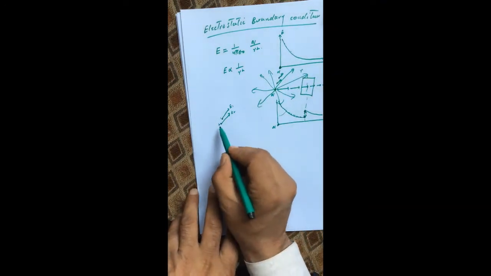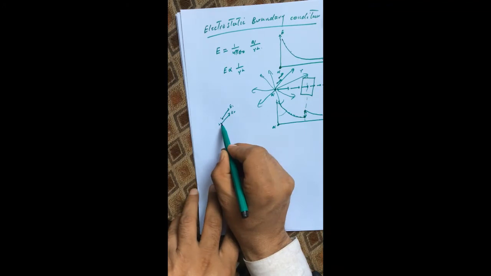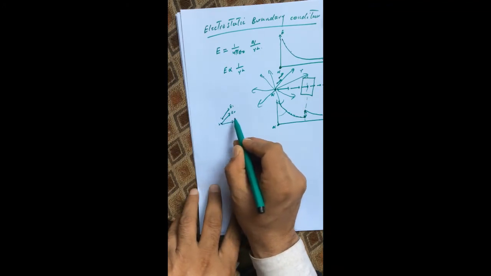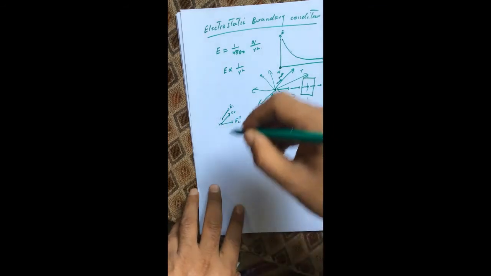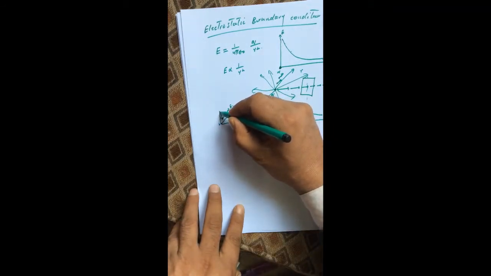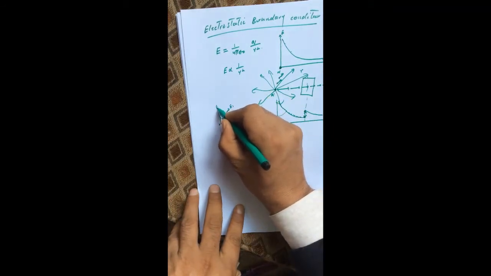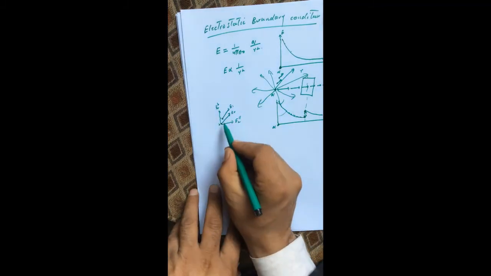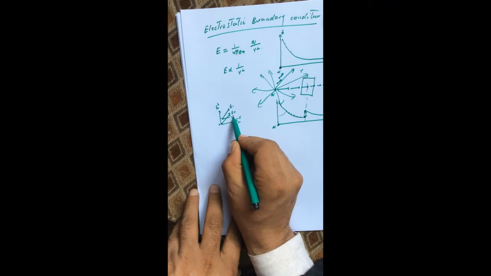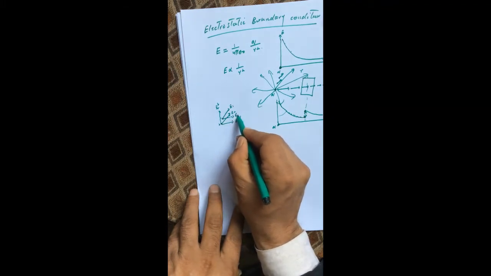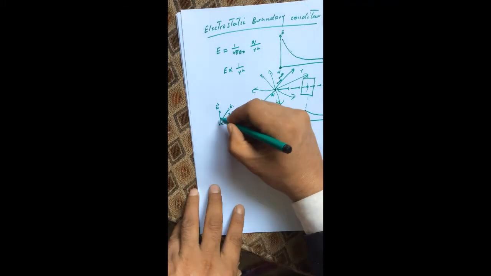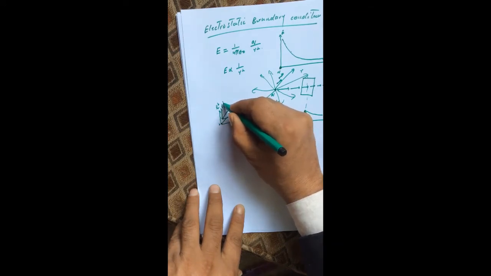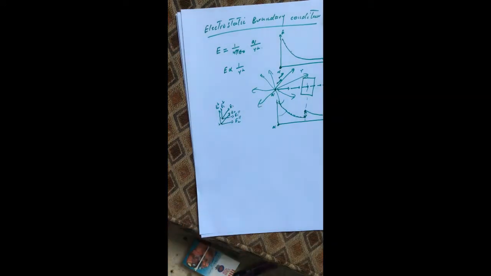Now if I resolve this electric field, then this is the parallel component of this electric field, E2 parallel, and this is the perpendicular component, E2 perpendicular, the normal component. Similarly here this one is E1 parallel, and this is E1 normal or E1 perpendicular component.